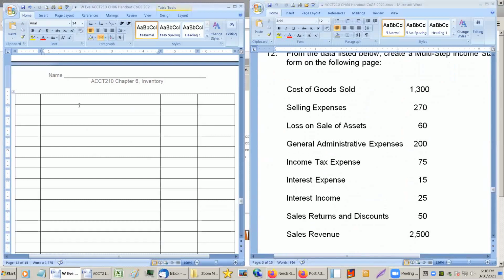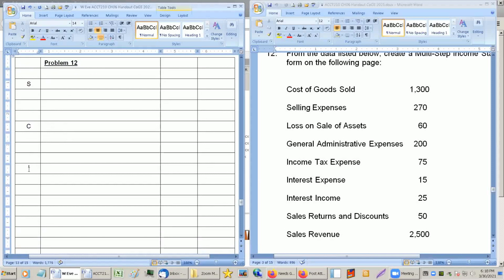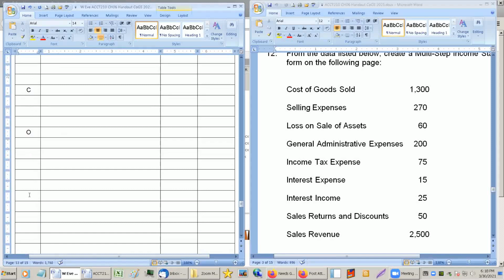Okay, so I'm going to say this is problem 12. And we're going to do this, I'll make these in capital so we can see them a little better. Scoot. I'm not sure about the spacing on these.